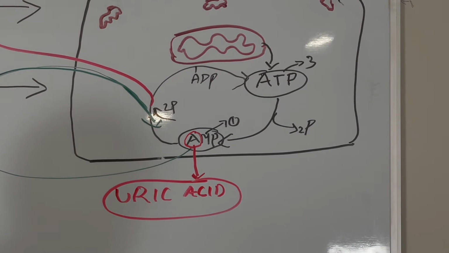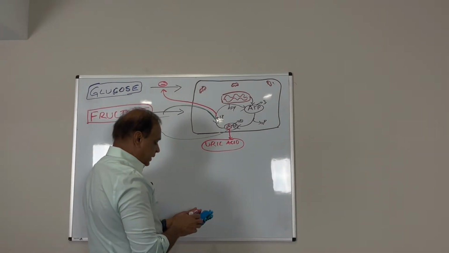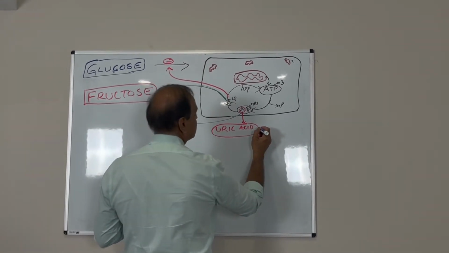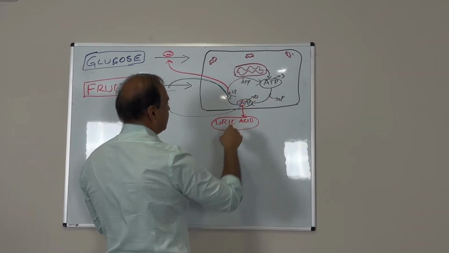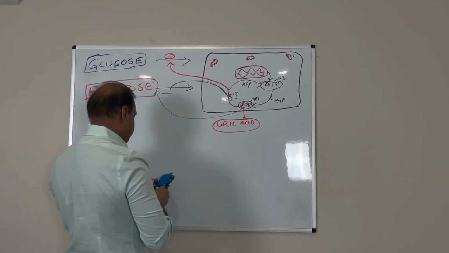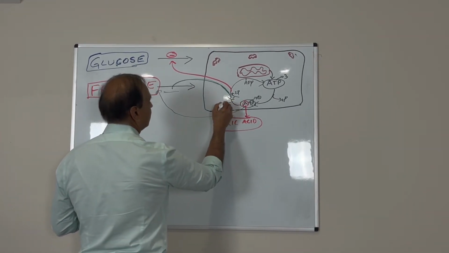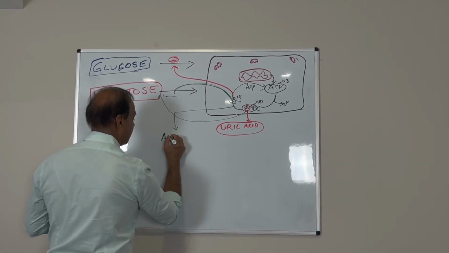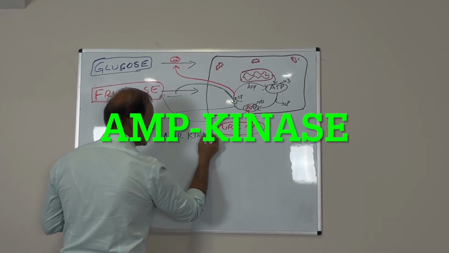So let's see what uric acid does differently. The uric acid actually inhibits, which means it stops this process, because there is a very important enzyme here which is actually what we want. I'm going to name that AMP kinase. Now kinase is energizing.